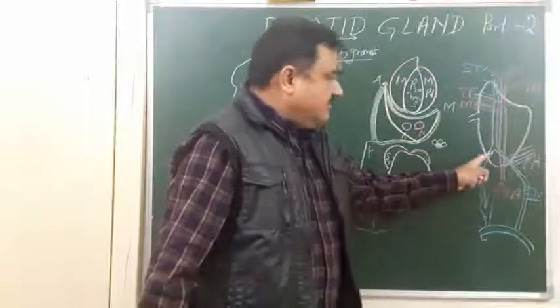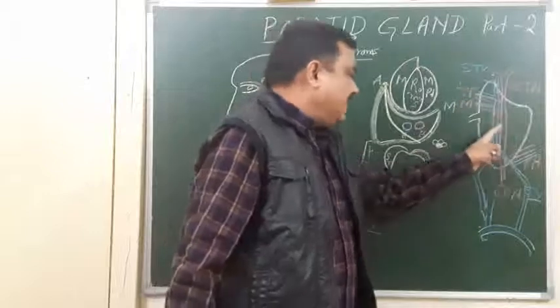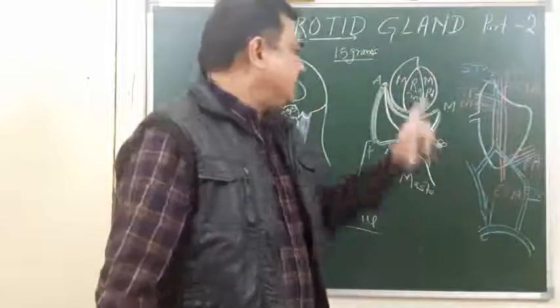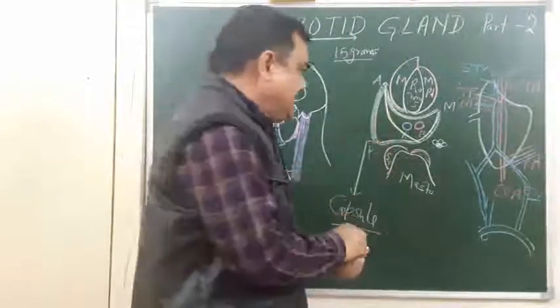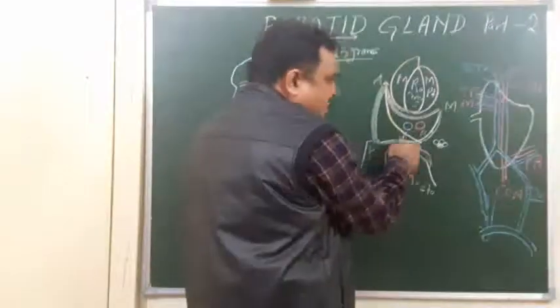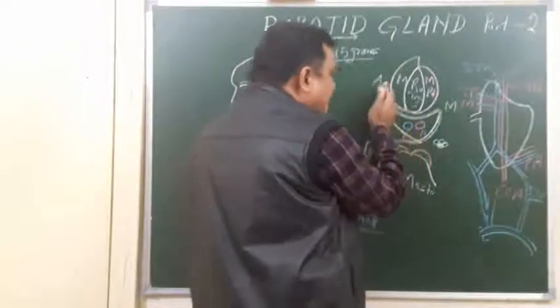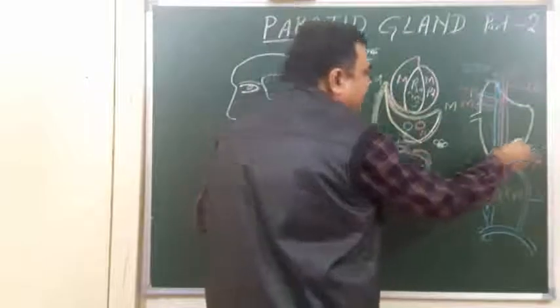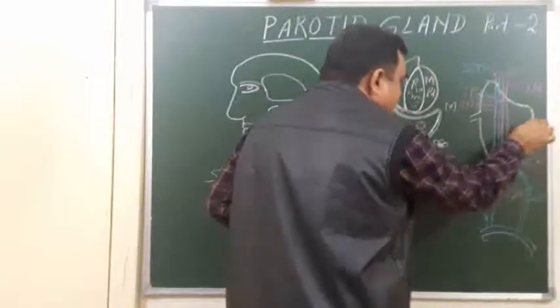So this is the vein passing through the substance of the gland, the artery passing through the substance of the gland, and the structure that is the facial nerve. The facial nerve also enters through the posteromedial surface and runs upward and forward.